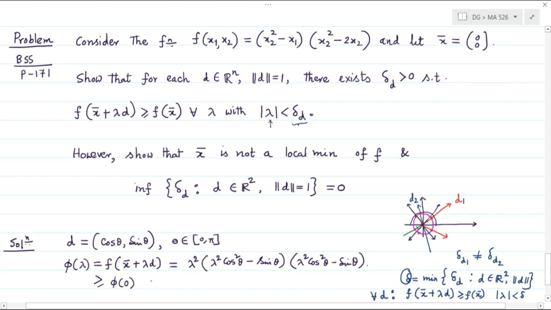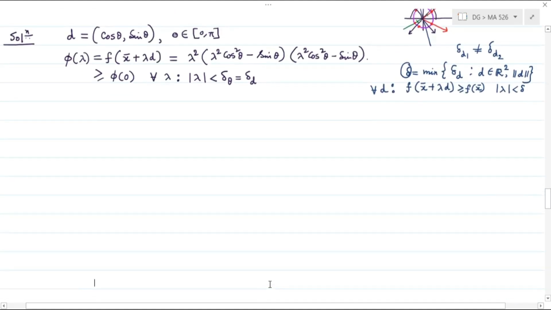You can find this for all lambda such that modulus of lambda is less than delta of theta. Delta of theta is nothing but delta of d here, because d is characterized by a unique theta between 0 and pi. And what is the precise expression of delta d? Delta d has this expression, where you should try to find why this expression comes.